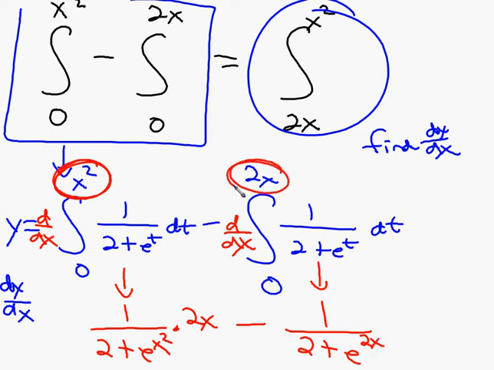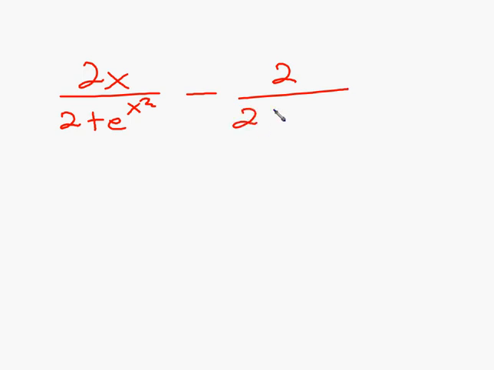Once again, that's not just an x, so I need to do the chain rule, so it will be times 2. And the simplified version of that would be 2x over 2 plus e to the x squared minus 2 over 2 plus e to the 2x.